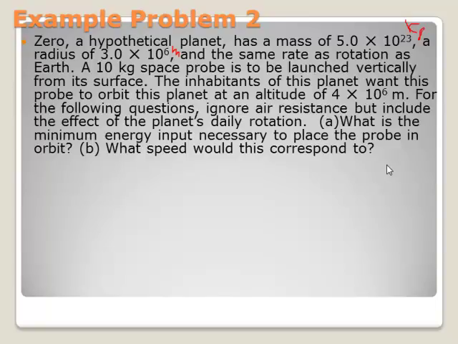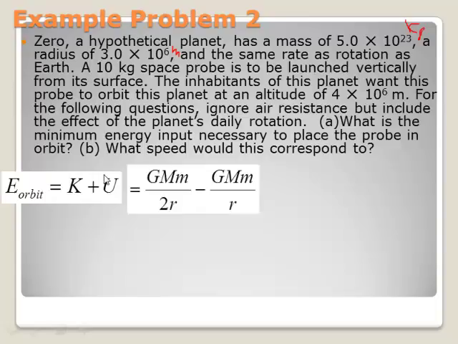Whatever mechanical energy the probe has on Zero's surface, it should have that amount of mechanical energy when it's in orbit at that 4 times 10 to the 6 meter altitude. So the energy that it has in orbit will be equal to its kinetic energy in orbit plus its gravitational potential energy in orbit, which will be equal to that expression there.